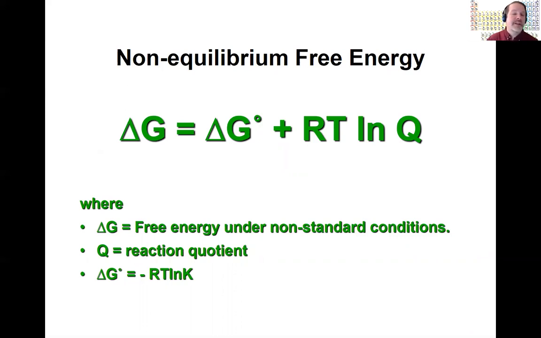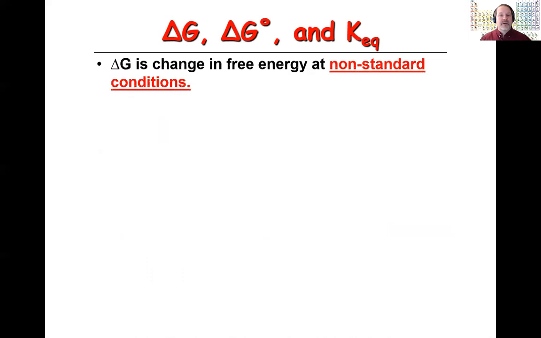So here's our Q for our equilibrium quantities, and I define the terms here as I was stating them. Okay, so this delta G without the naught symbol is very important for what we want to figure out right now: how do we understand and calculate the Gibbs free energy under non-standard conditions?